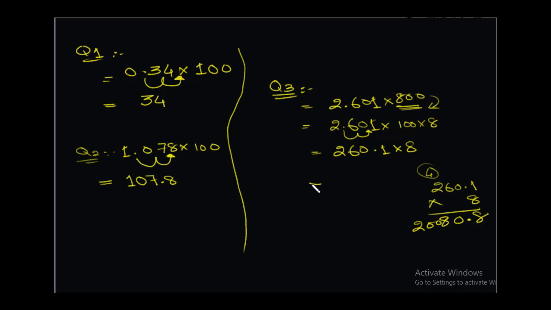So the answer is 2080.8. So the final answer of this number is 2080.8. Now we have to multiply 1000 and its multiple to a decimal number.